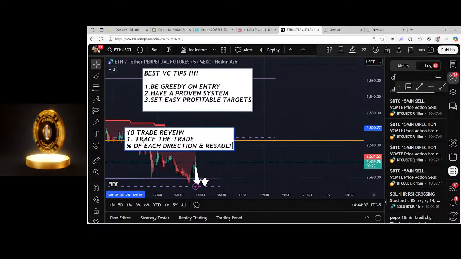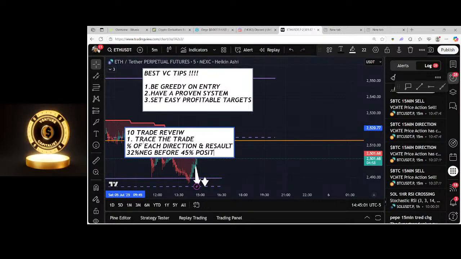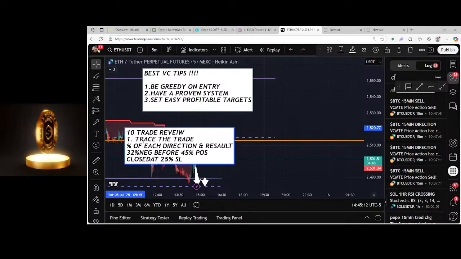What that means is it went 32% negative before it ended up going 45% positive and closed at 25% stop loss or closed, meaning that you just closed.